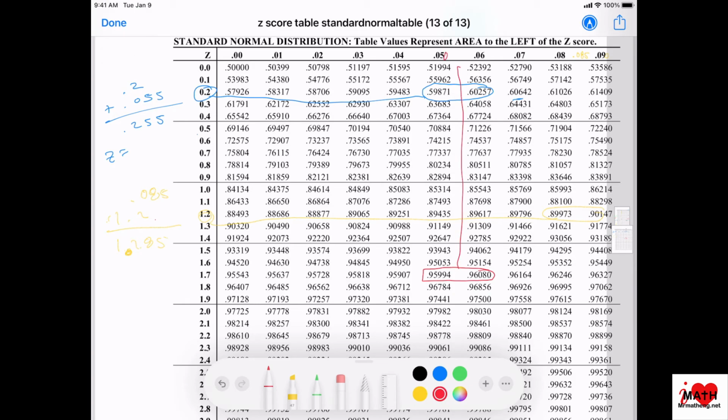So if that is 50, 50, so 0.055 and 1.7. Okay, so a z-score of 1.755 basically gives us an area under the curve to be about 96%. 1.755.